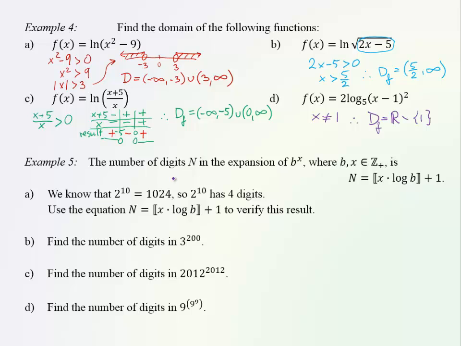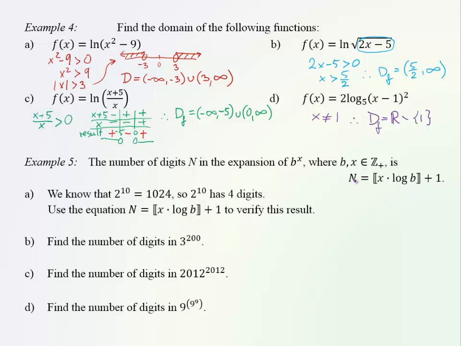And as a last, we have a quite interesting application problem. We know that the number of digits n in the expansion of b to the x, where b and x are any positive integers, is given by the formula. And in this formula, we use the greatest integer function, this double bracket.